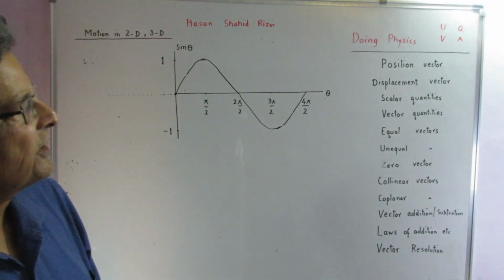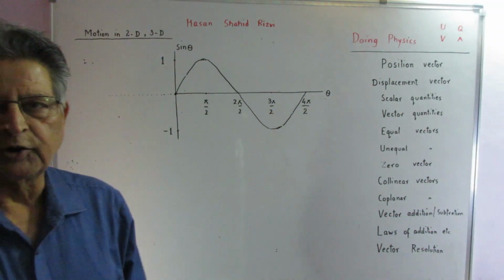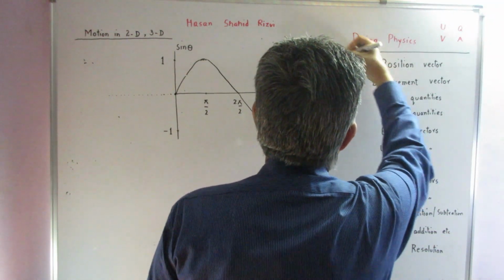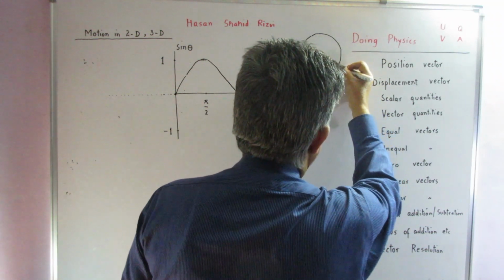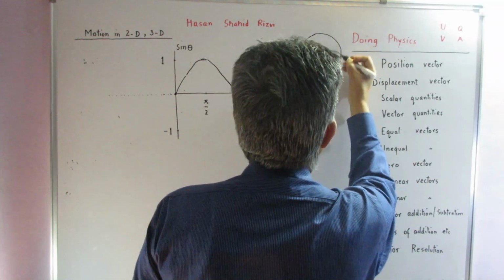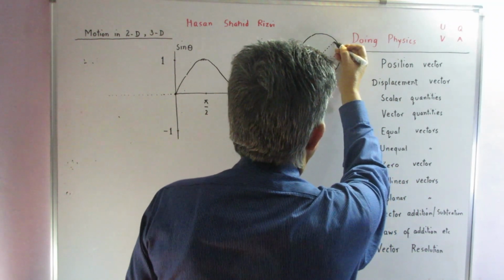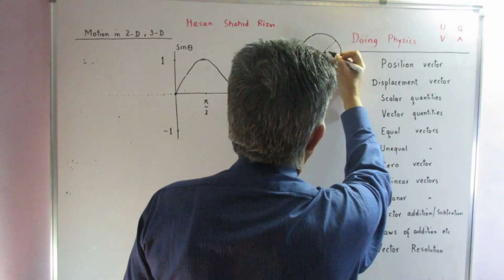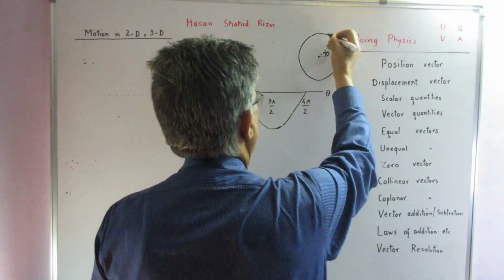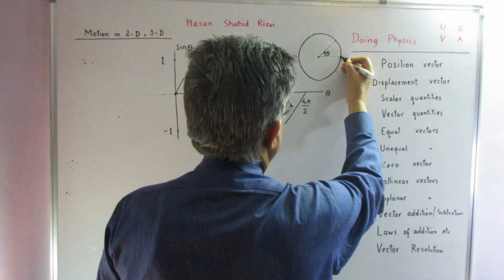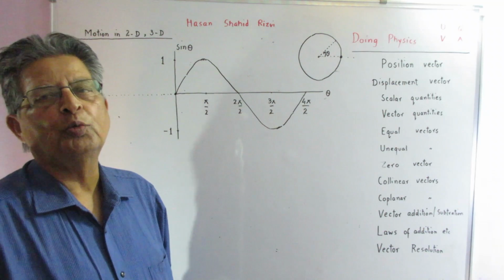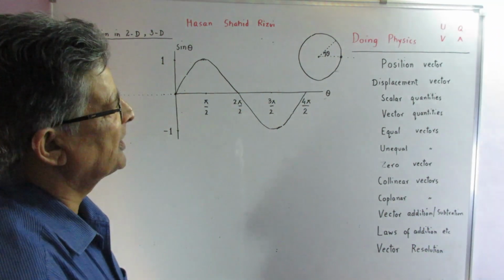What it means by increasing the value of theta beyond 4 pi by 2 is this: in the reference circle that we have, this is the reference line, and this angle is theta. If I take it around anti-clockwise to the same point back again, the total angle which has elapsed is equal to 2 pi, or 4 times pi by 2.